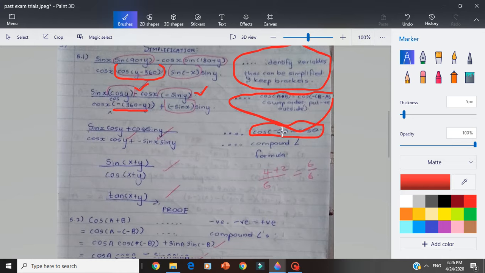This is cos of theta equals cos of negative theta equals cos theta. Okay, so cos y becomes cos y, that comes down. This negative here times the negative from here will make this become a positive. This becomes positive cos y. That negative is still here for negative sine y.